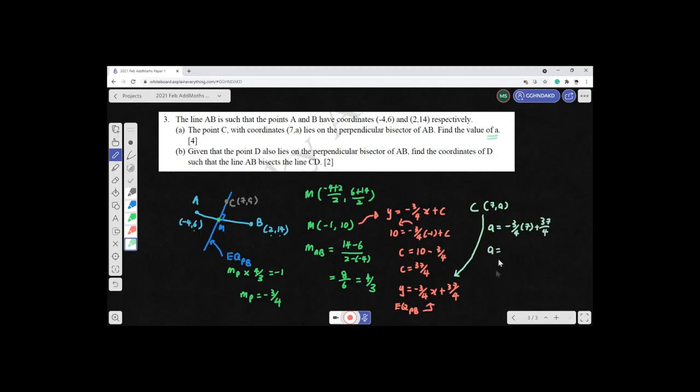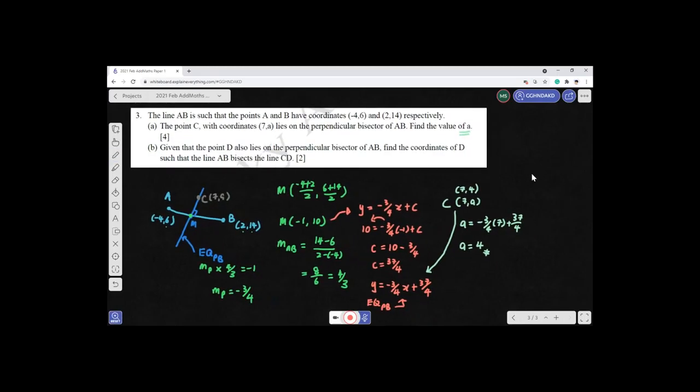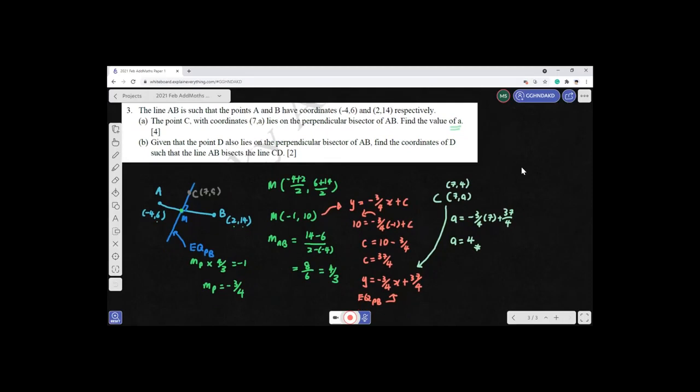So what would be the A? What would be the A? 4. Sorry? 4. Thank you so much. So meaning to say the C coordinate is 7, 4. So you have to do step by step to get the final answer. There's not always a shortcut.